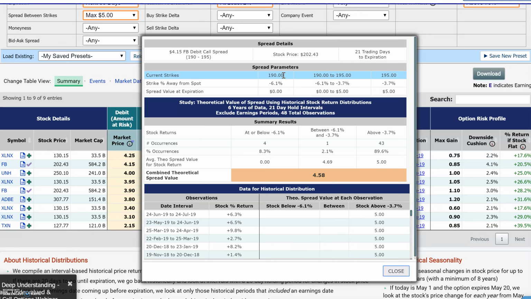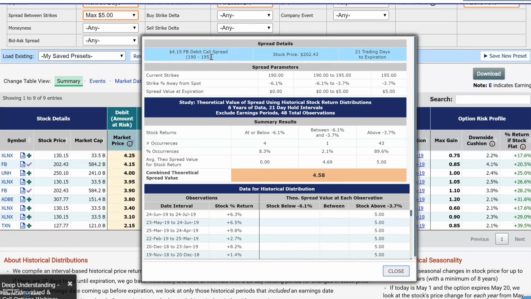We also know that if the stock falls in 21 trading days at expiration, if the stock's below 190, or minus 6.1% below the current price or lower, this call spread will be worthless. It'll be zero because all these calls will be out of the money. It doesn't matter if the stock's 180, 170, this call spread will be worthless. If it stays above 195, or negative 3.7% or higher from this current stock price, then this call spread is worth $5 because they'll both be in the money.